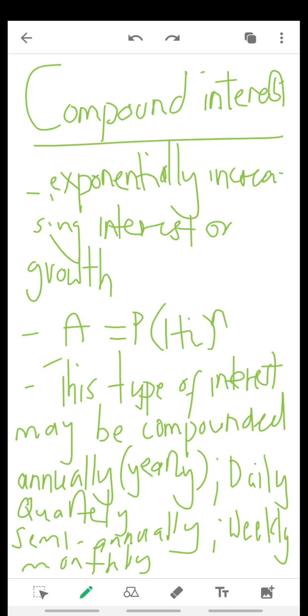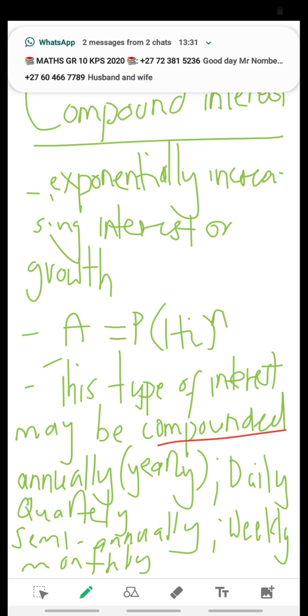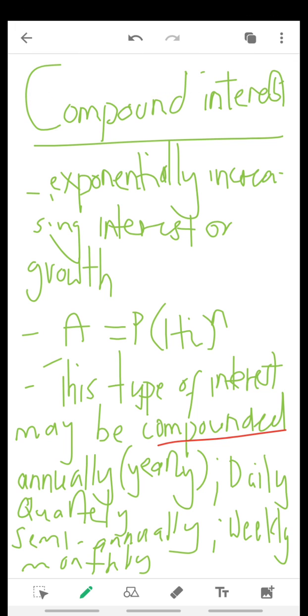Now, this type of interest may be compounded. Okay, what is to compound? That is how the number of times an amount of money will accumulate interest.